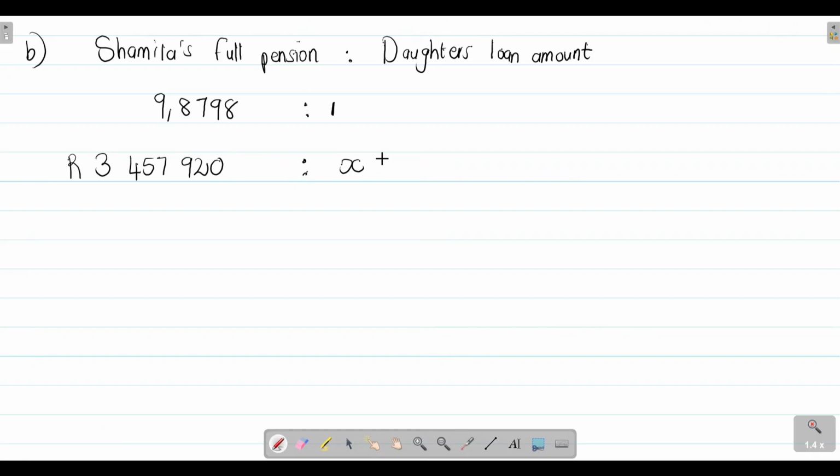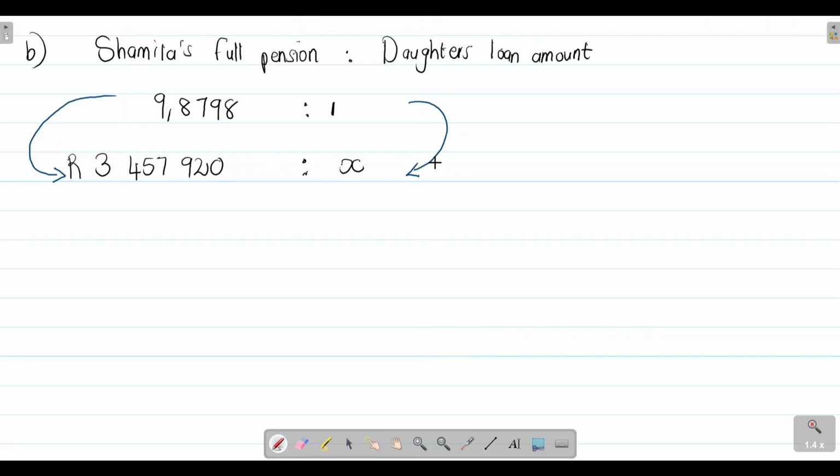Okay, so in this part is where we need to think, how do we move from 9.8798 to 3,457,920? If we can figure that out, then we will be able to figure that part out.